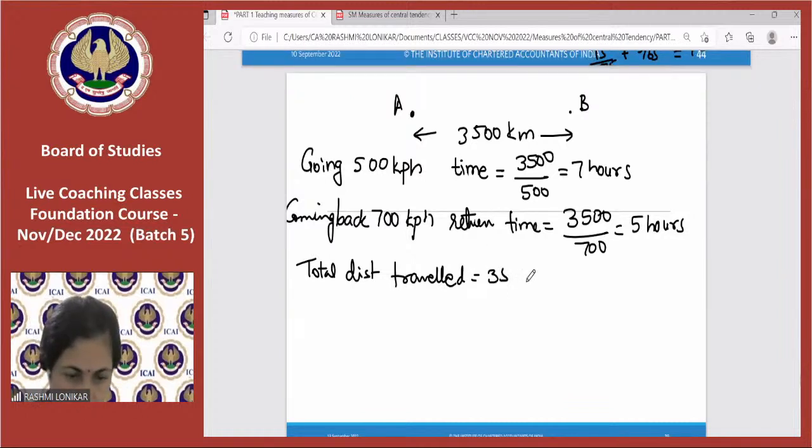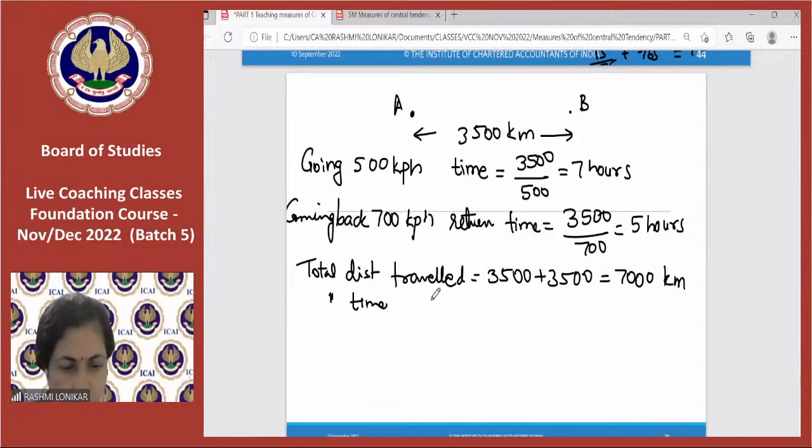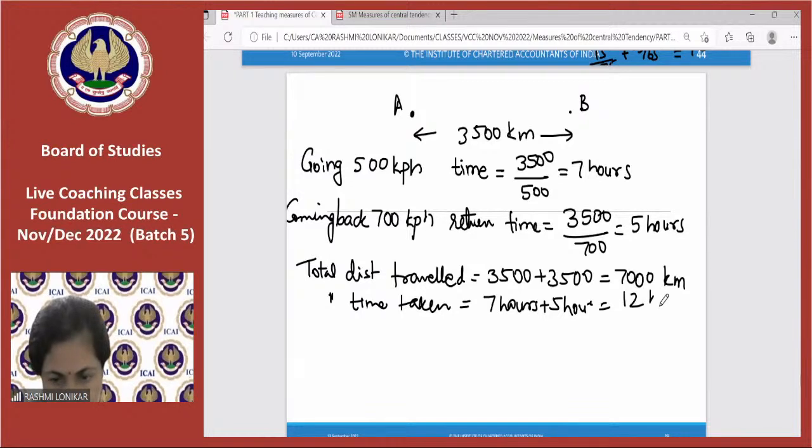So 3,500 plus 3,500, that is 7,000 kilometers. Right? What is the total time taken for the trip? So 7 hours plus 5 hours, which is 12 hours, right? So 7,000 kilometers I have completed in 12 hours.